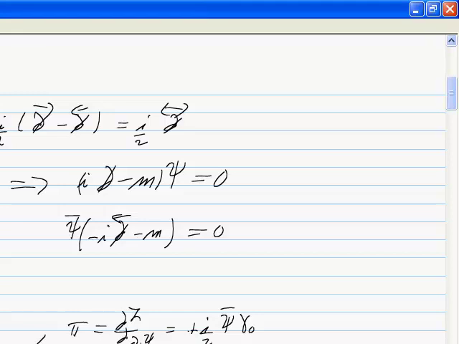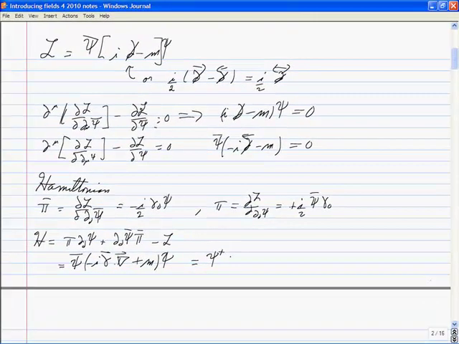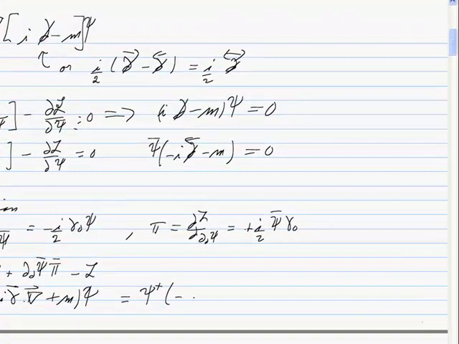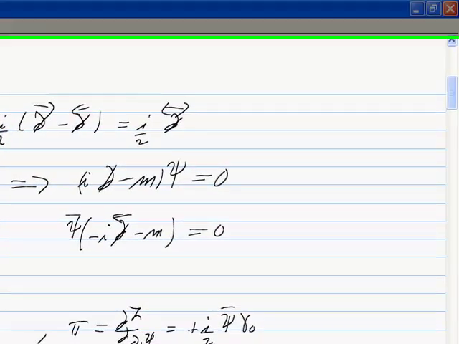This is often written in the following form. No point in doing it here, but if you've seen it before, it's minus alpha dot del plus beta m, psi. So what I've done is I've just taken that psi bar and made explicit the gamma 0.